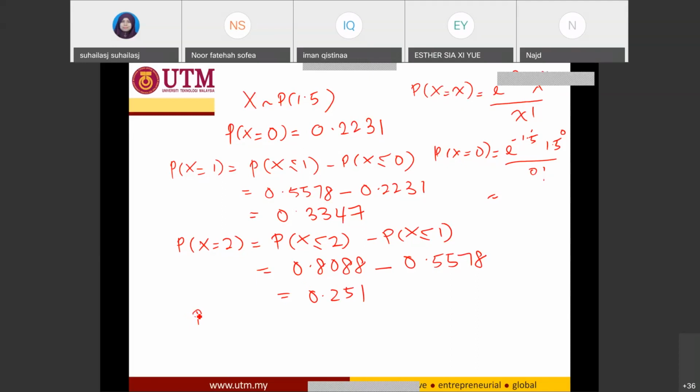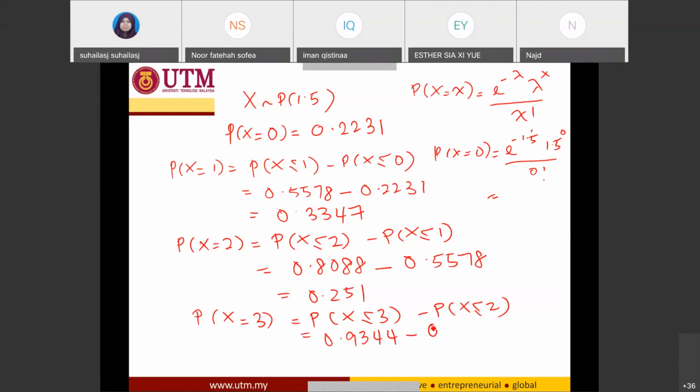Then probability x equals 3: x less than or equal to 3 minus x less than or equal to 2. So 0.9344 minus 0.8088, which gives 0.1256.